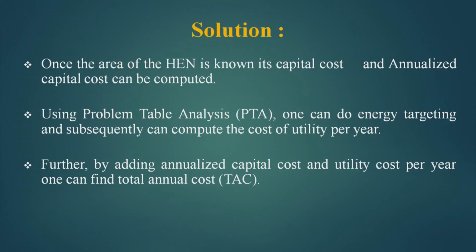Using problem table analysis, PTA, one can do energy targeting and subsequently can compute the cost of utility per year. Once these two parts of the costs are known, we can find out the total annual cost, TAC, by adding the annualized capital cost with the utility cost.